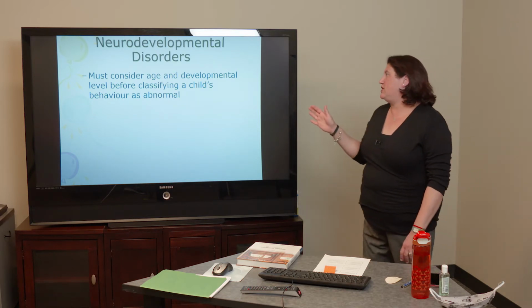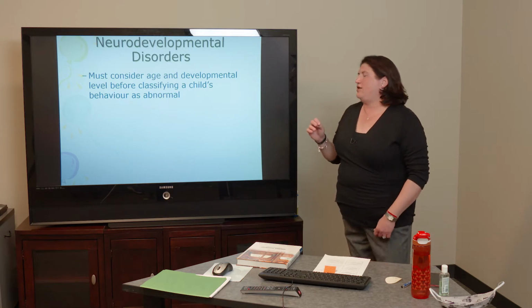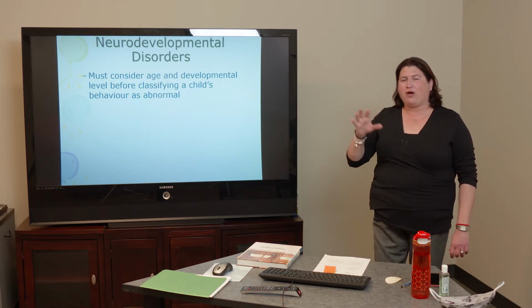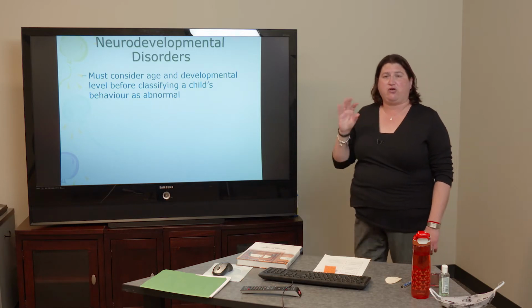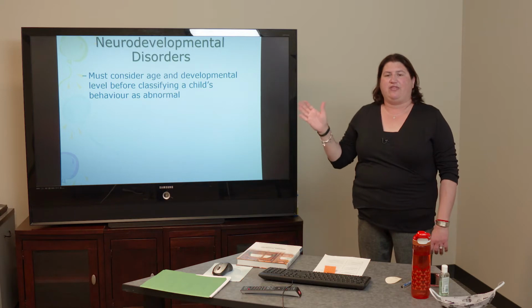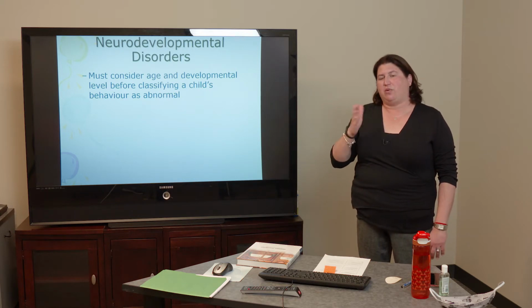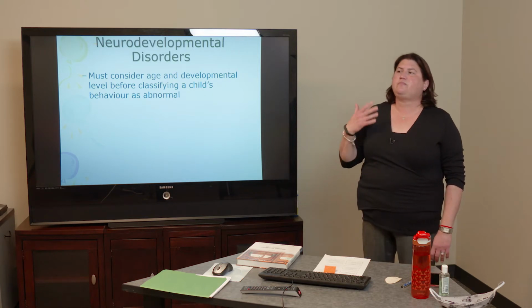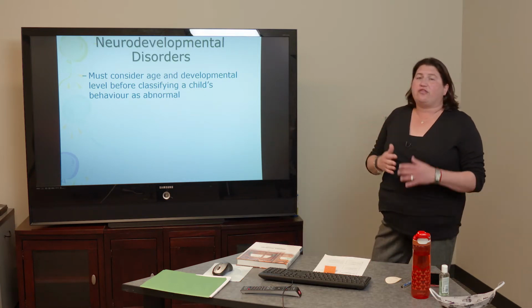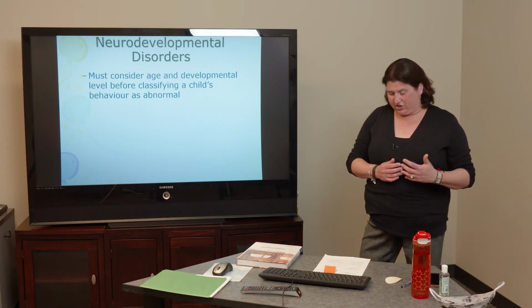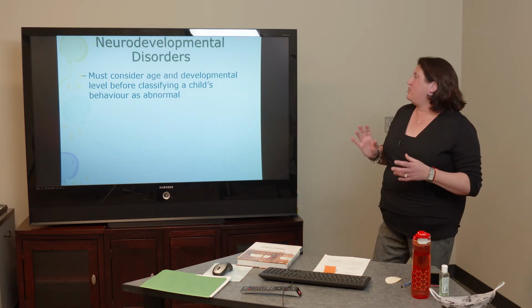But with children, it's really important that we think about how old they are and where they are in terms of their development. Because if they're not on the typical development trajectory, then things that may be normal at a younger age might still be normal for them at an older age. And similarly, there are things that are normal at some ages that are abnormal at other ages. So that's one of the things that we really have to think about.